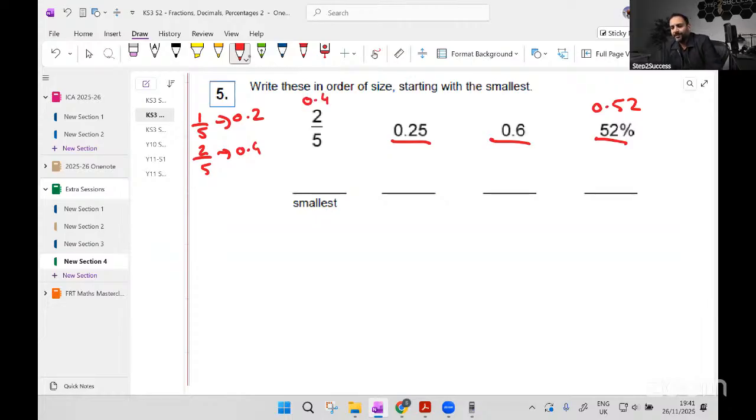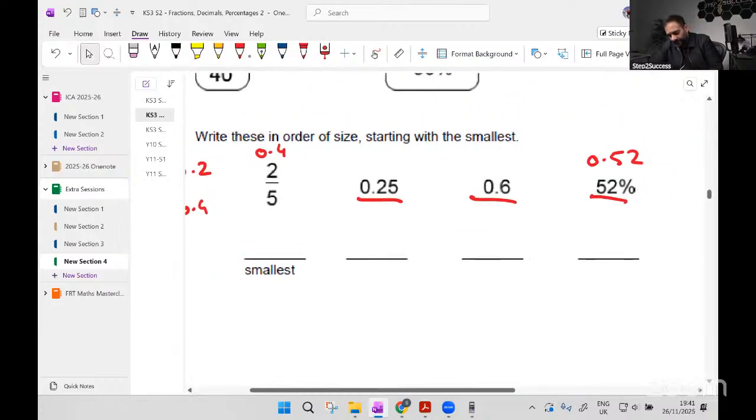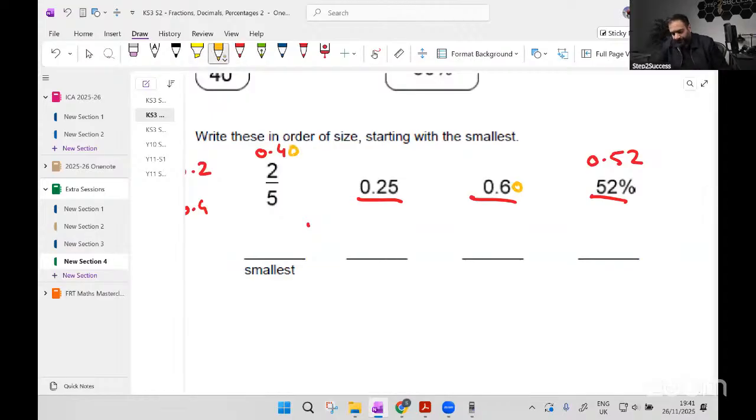Now that they're all decimals, the next thing to do is make sure that we have the same number of digits after the point in all of them. So you see how some of them have got 2 and some of them have got 1. The ones that have 1, just put a 0 after them just to make them the same length. Then all you need to do is look at these numbers and order them from smallest to biggest.